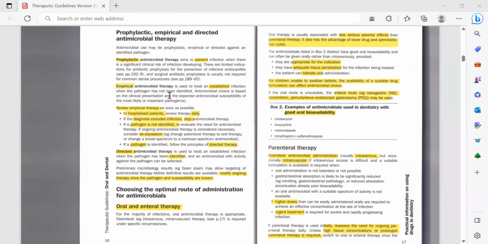But the patient has infection and you need to prescribe, like what we commonly use, amoxicillin, without doing the microbiology test to identify the organism. Antimicrobial choice is based on the clinical presentation and the expected antimicrobial susceptibility of the most likely or important pathogens.